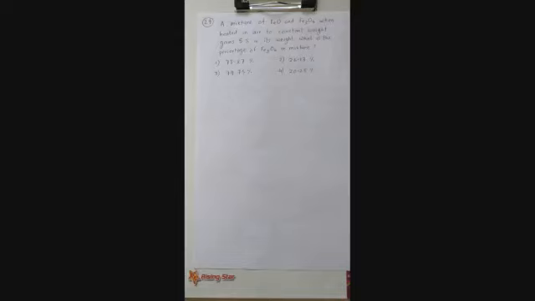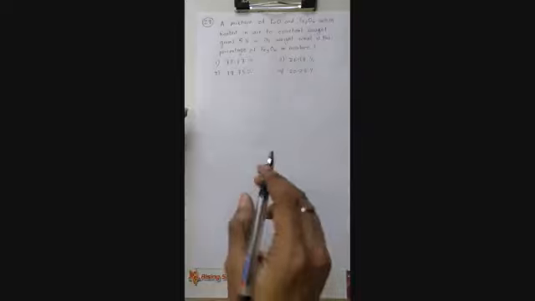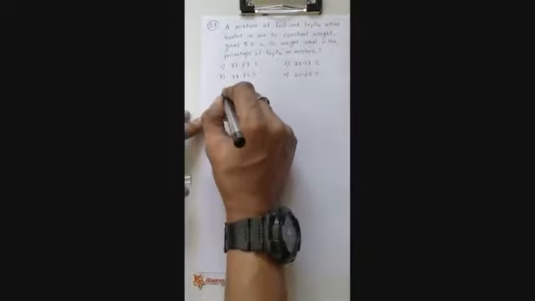Let's see question number 29. A mixture of FeO and Fe3O4 when heated in air, that is O2, to constant weight gains 5% in its weight. What is the percentage of Fe3O4 in the mixture? And your options are given. Now let's begin. Here also we'll have to make a few assumptions in the solution.